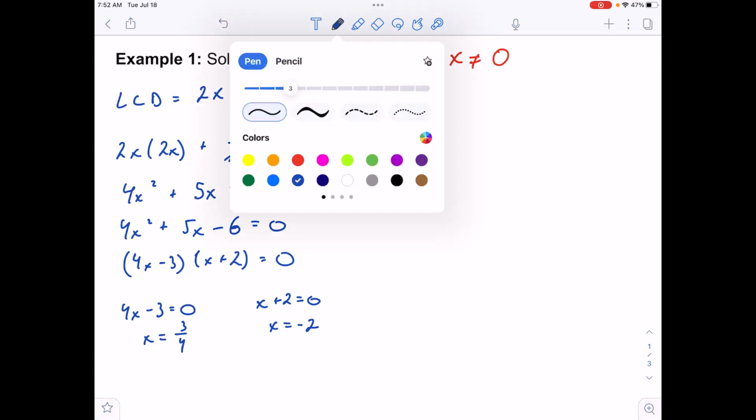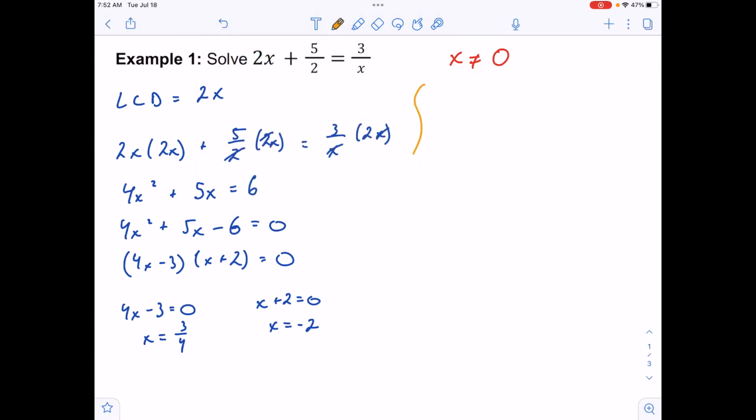Amazing. Now let's go through and let's check. Make sure that they're all okay. In my first one, I'm going to sub in 3 over 4. So I'll have 2 times 3 over 4 plus 5 over 2 will be equal to 3 over 3 over 4.